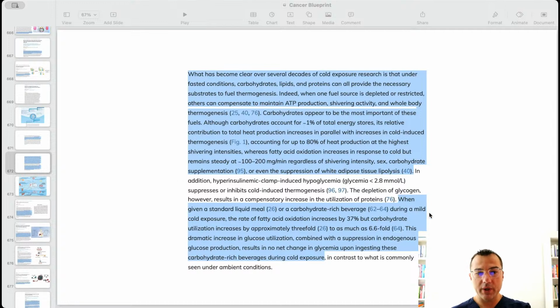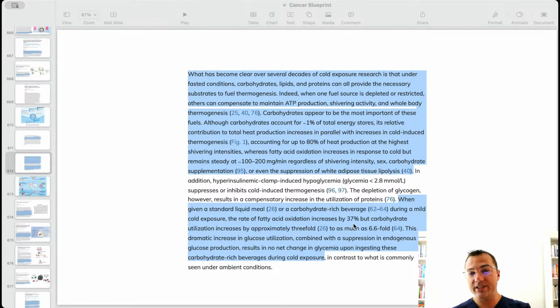And it says here, when given a standard meal or a carbohydrate-rich beverage during a mild cold exposure, the rate of fatty acid oxidation, fat burned, was up 37%. Even if you're giving carbs at the same time, that's pretty unbelievable because generally when we induce an insulin response, that shuts down our fat burning.